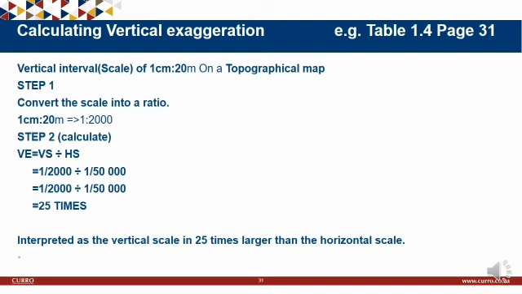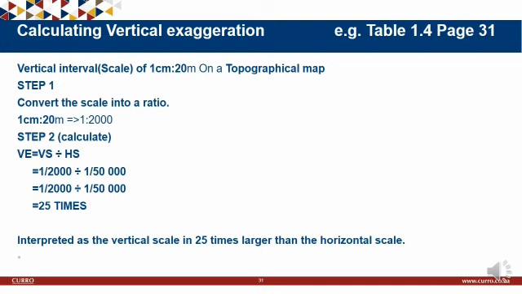Understand? Now the vertical exaggeration VE is equals to VS divided by the HS, the horizontal scale. Meaning that the VS, the vertical scale, is divided by the horizontal scale. Now the vertical scale, as we converted there on step 1, is 1 is to 2000 divided by 1 is to 50,000.